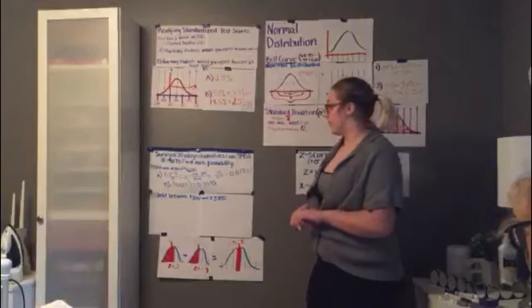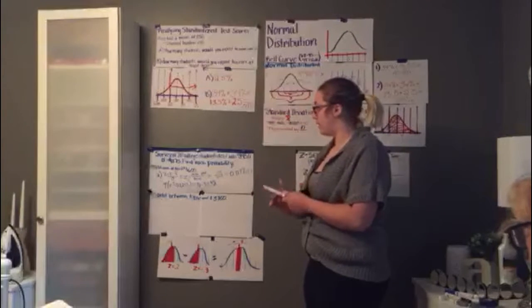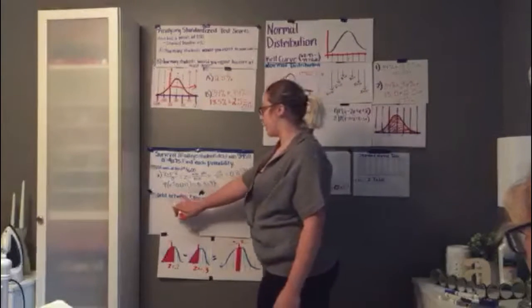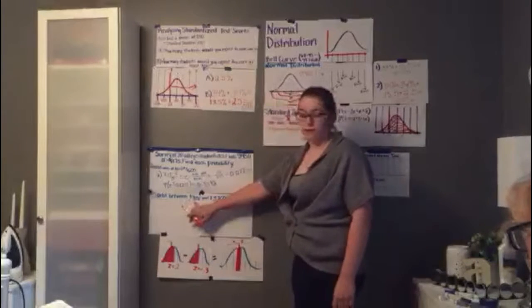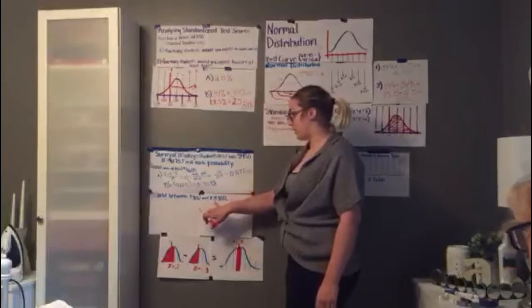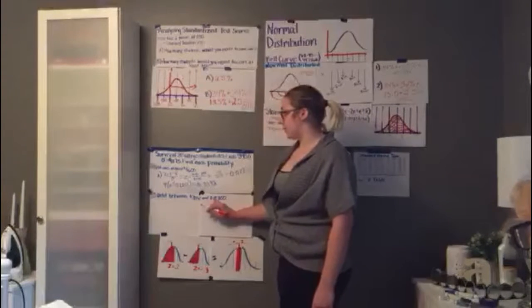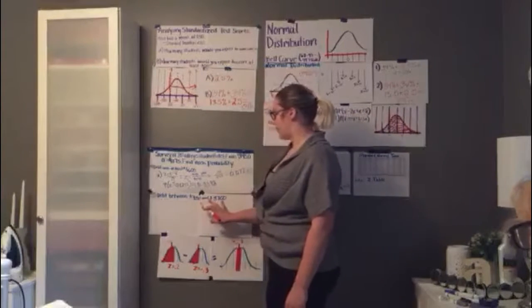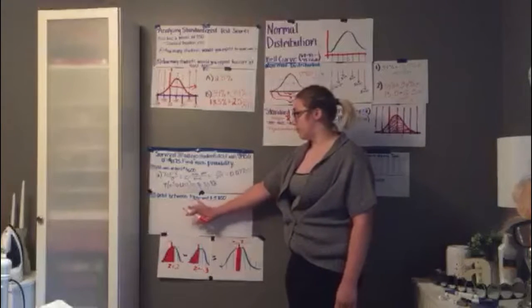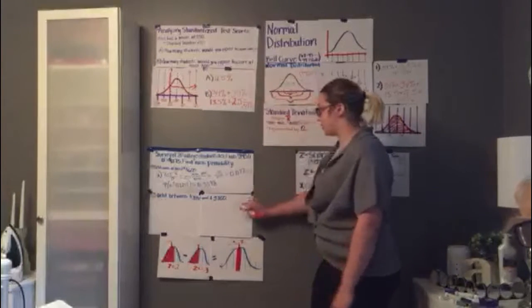So the next one is pretty tricky because it's an in-between. So the debt between $3,050 and $3,700. So what we're gonna do is just solve for each of these. Okay. Solve the z-score. I don't want to know the table yet, just the z-score.